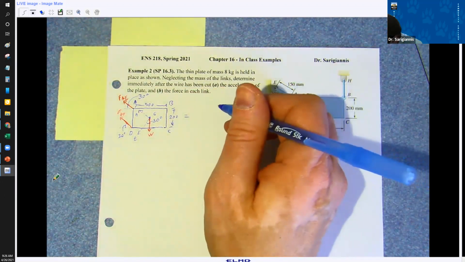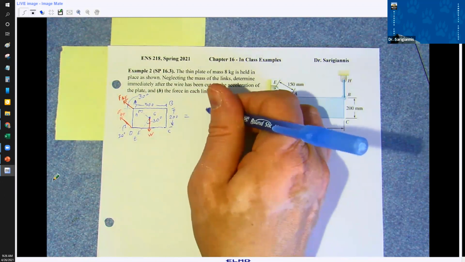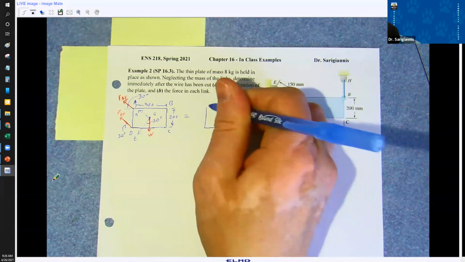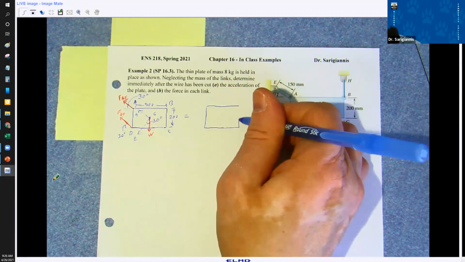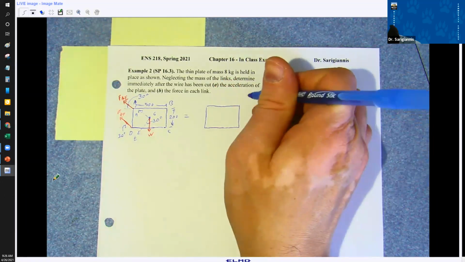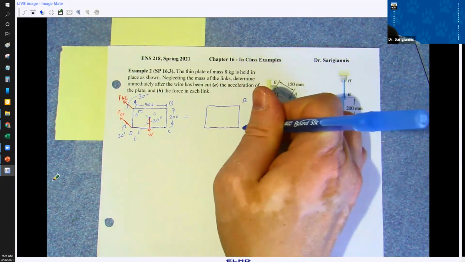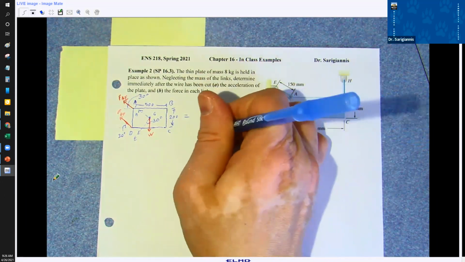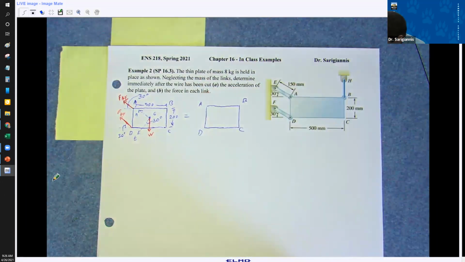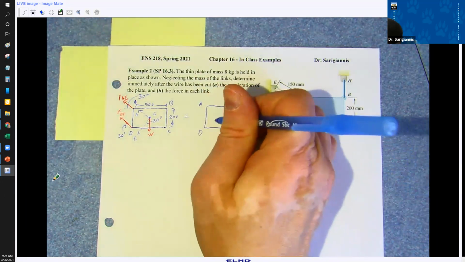Let's draw a kinetic diagram to have room. I feel like I'm doing everything bigger than my notes, and that's why I'm taking up more space. Now, in terms of the kinetic diagram, we're going to look at the center of gravity here.